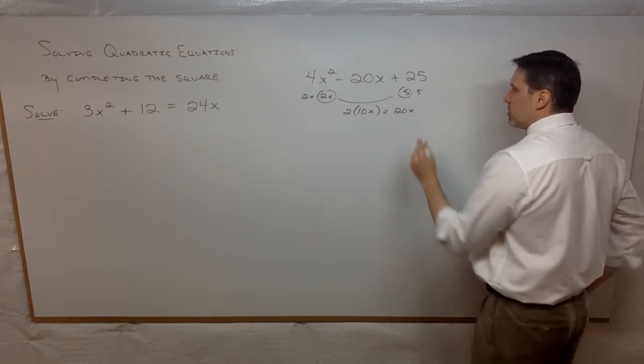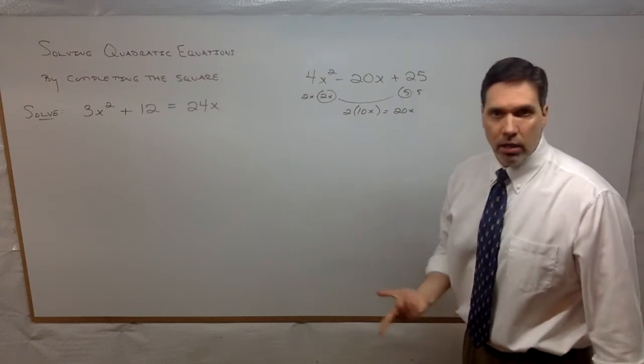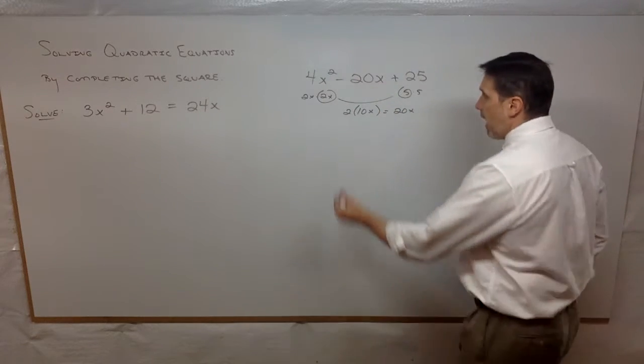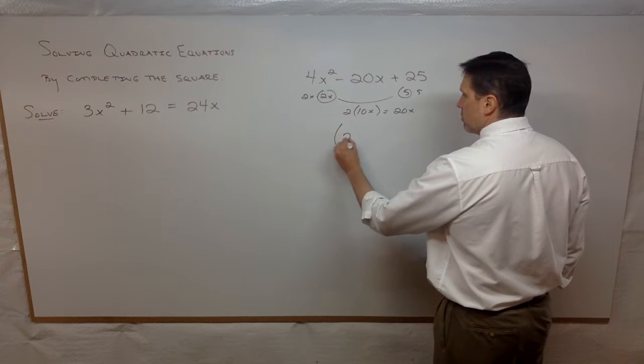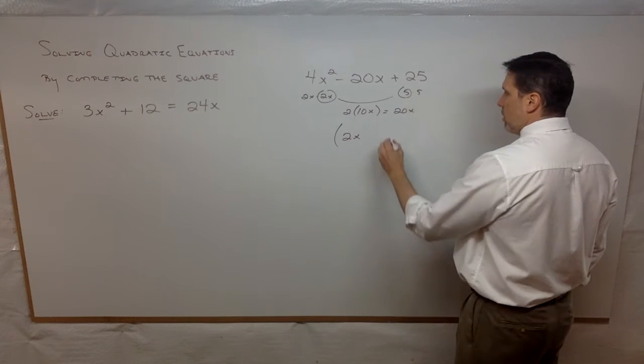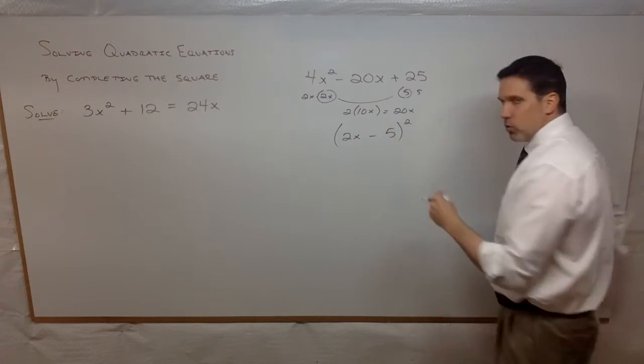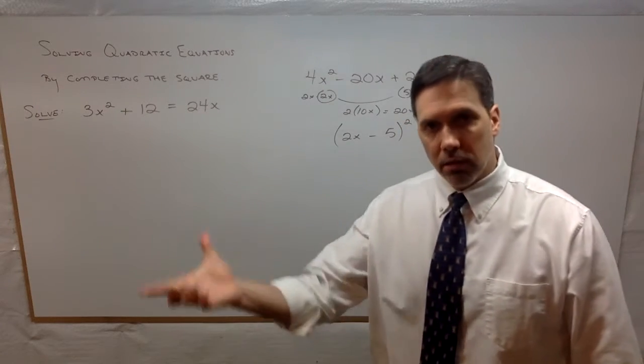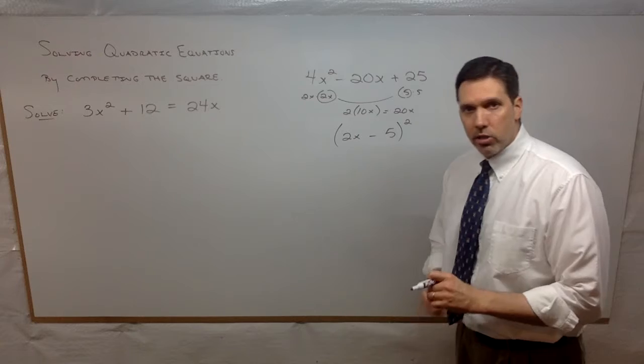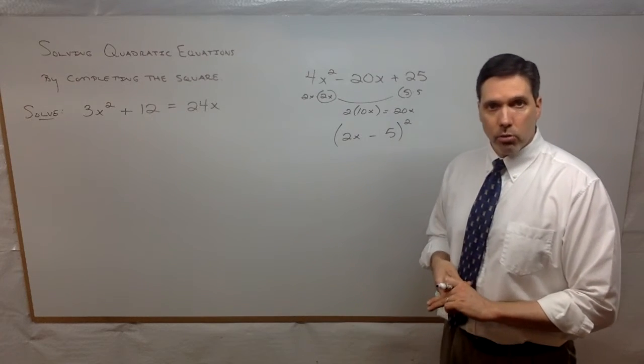That just happens to be our middle term. Even though it's negative, it doesn't matter. That still factors very nicely into 2x and a 5, and then the minus is just right there, quantity squared. It's two binomials, but they're identical, so we just write it as quantity squared. That is called a perfect square trinomial.